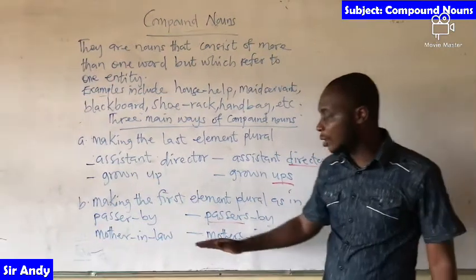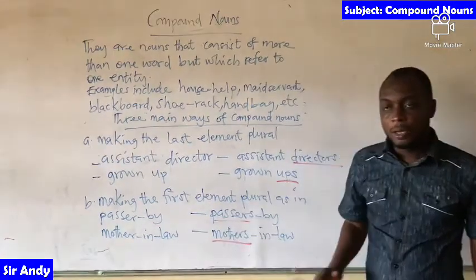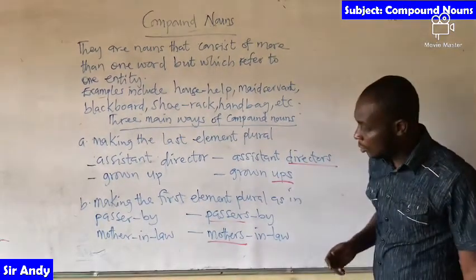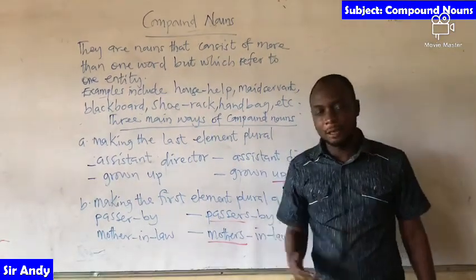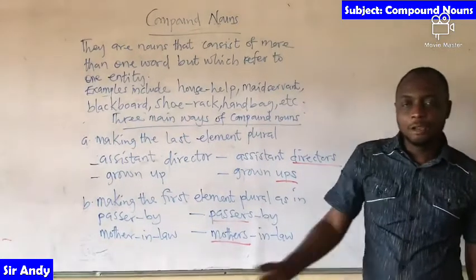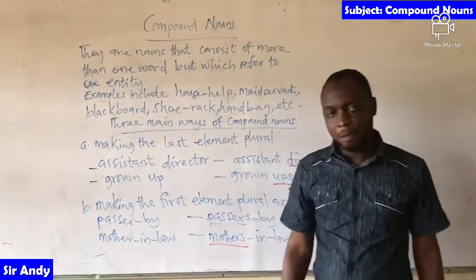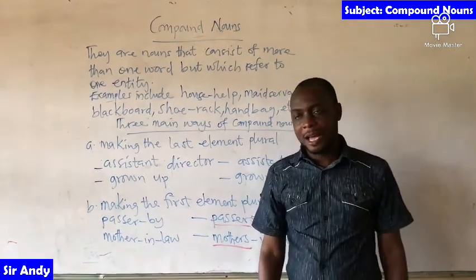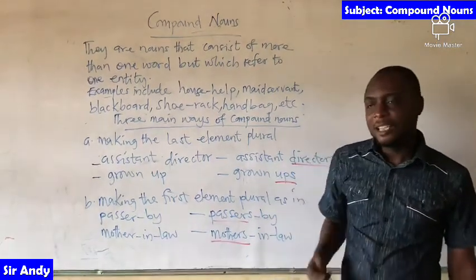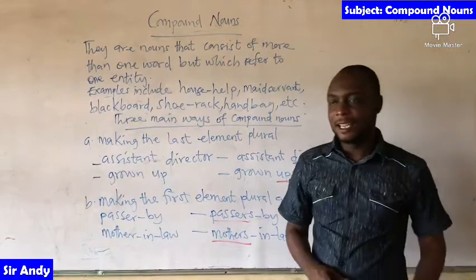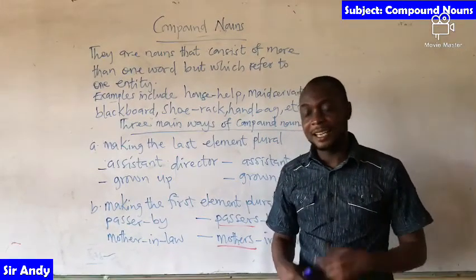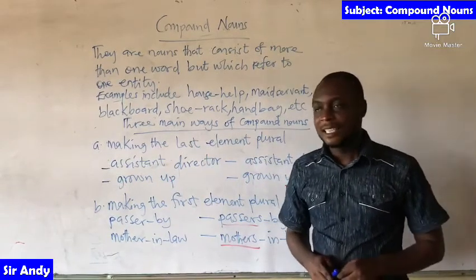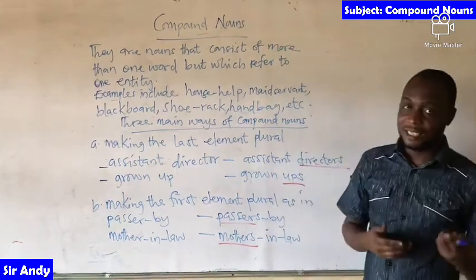And then we also have mother-in-law, father-in-law, sister-in-law, brother-in-law, right? They become mothers-in-law, not mother-in-laws, fathers-in-law, not father-in-laws. And some people are fond of saying "my in-laws are coming here." That I may consider an informal way of communicating, and sometimes you may be pardoned.